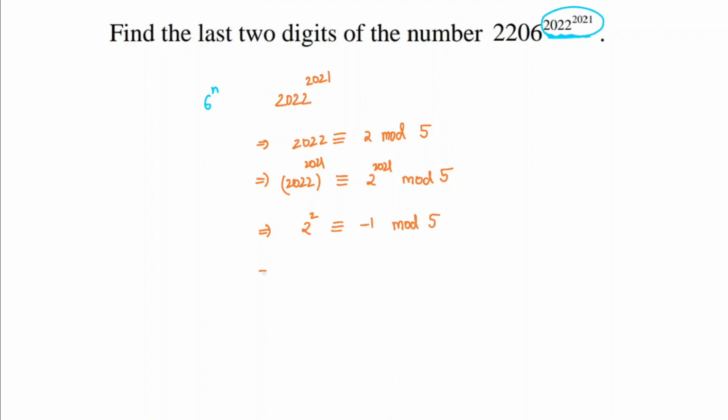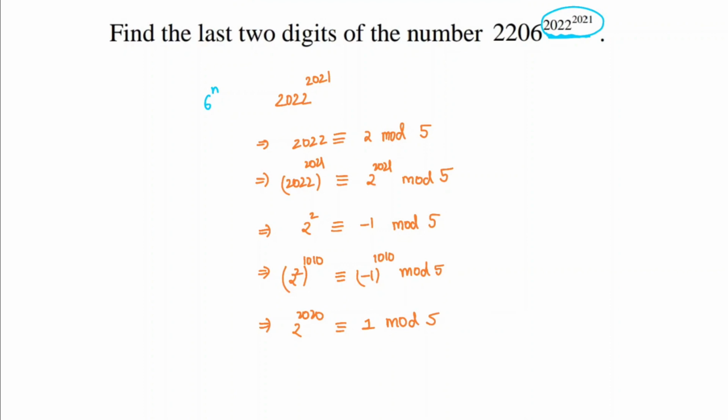So applying powers again, 2 square whole power 1010 will be congruent to minus 1 whole power 1010 mod 5. So this gives 2 power 2020 congruent to 1 mod 5.